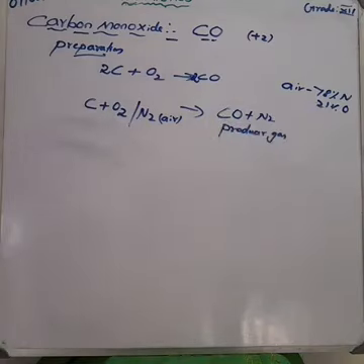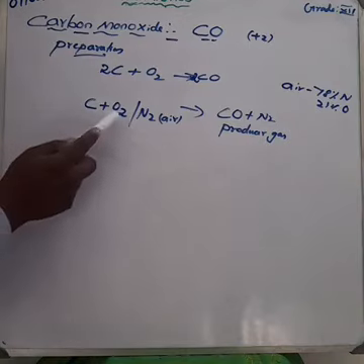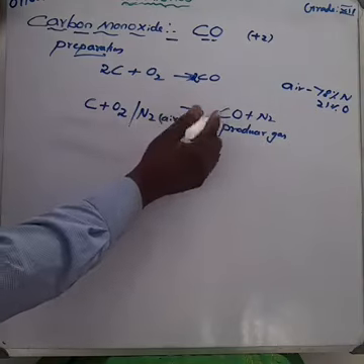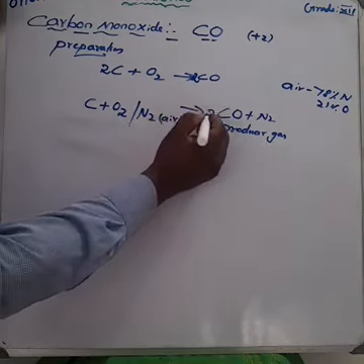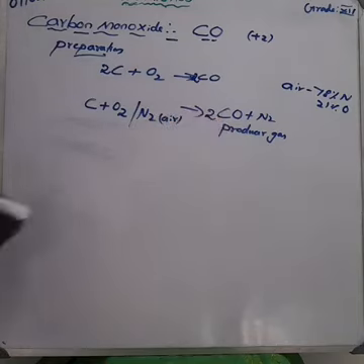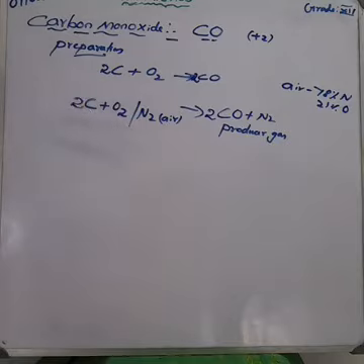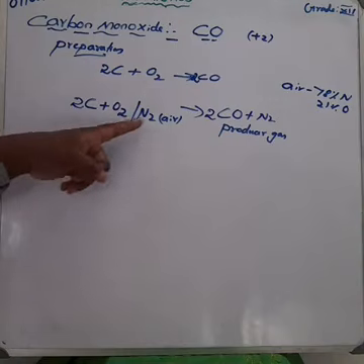So C plus O2 and also nitrogen, that is air, we get carbon monoxide and also dinitrogen. How can you balance the equation? The reactant side has 2 oxygen, but the product side has only 1 oxygen. So make it 2 on the product side. Now how much carbon is there? 2 carbon. So make it 2 carbon on the reactant side. Now the equation is balanced. So the mixture of dinitrogen and carbon monoxide is called producer gas.